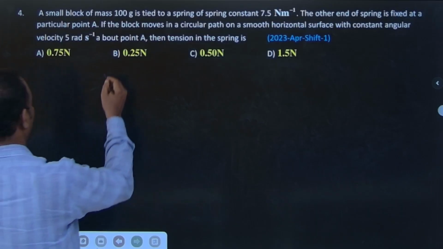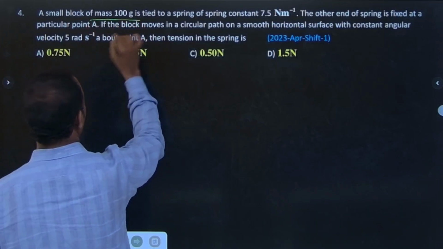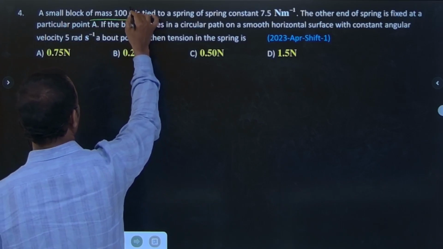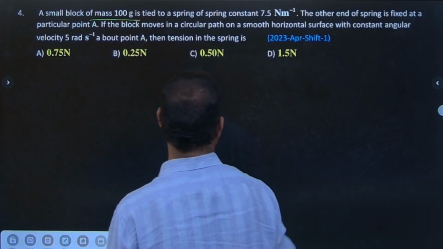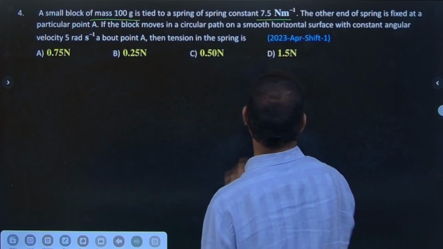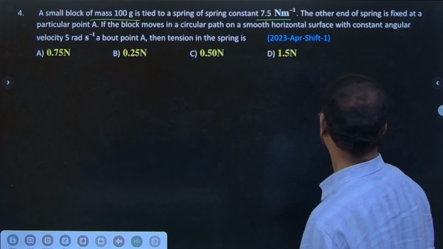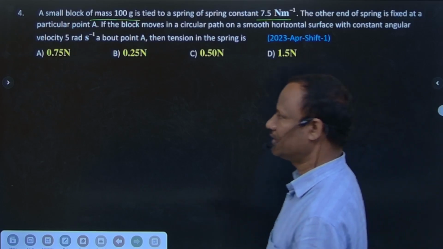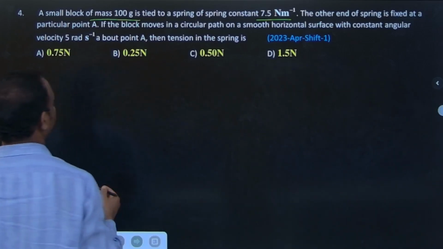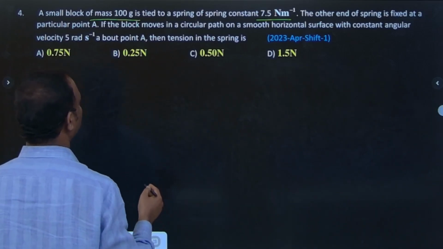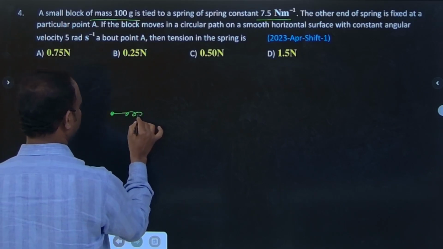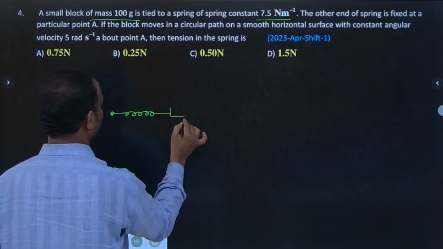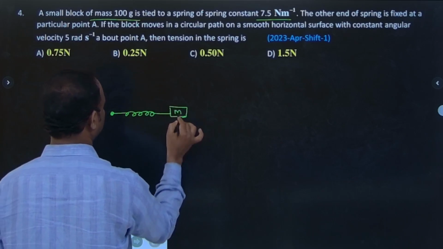A small block of mass 100 gram is attached to a spring whose spring constant is 7.5 Newton per meter. The other end of the spring is fixed at a particular point A. If the block moves in a circular path, this is the fixed point, here is the spring, and this is the block of mass m.